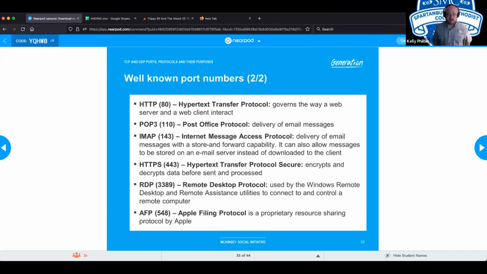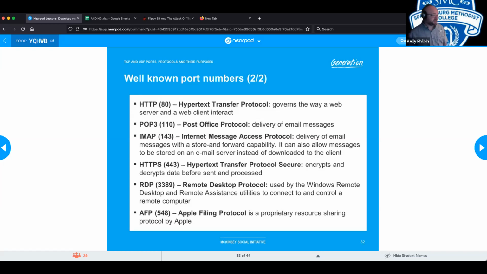After that, if you've ever made a purchase over the internet, you will have used HTTPS, which is Hypertext Transfer Protocol Secure. This is the encrypted version of our websites. This is over port number 443.